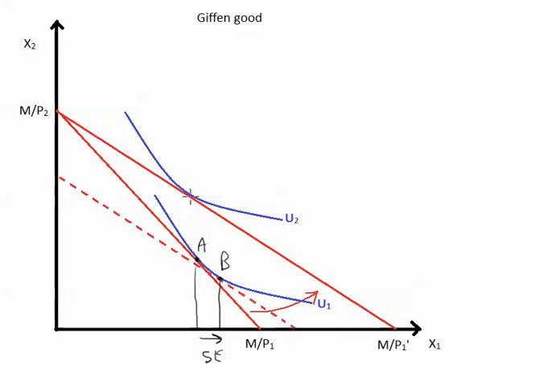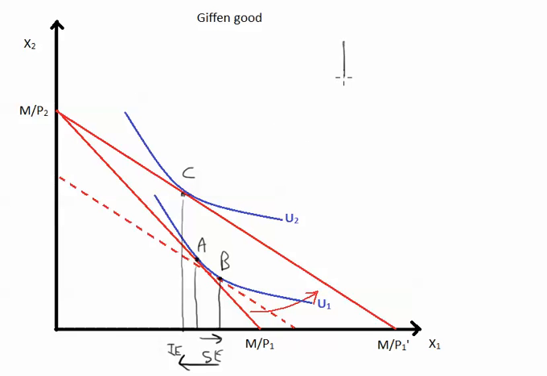So the income effect is just going to be a shift from B to C. And we can see that the income effect in this case is operating in the opposite direction to the substitution effect, and it is so large that it more than offsets the substitution effect. So that a fall in the price of X1 has actually led to a fall in the consumption of X1.